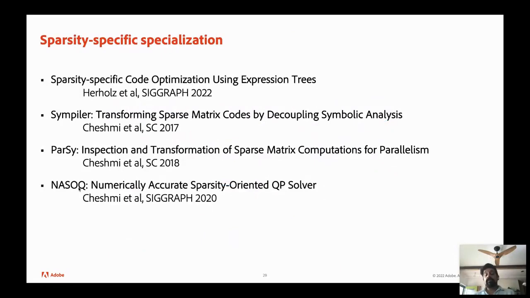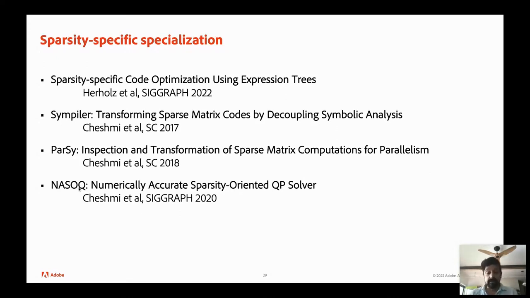So with many collaborators, we've published a series of papers that I think would be of interest to the HPG community. This includes applying the eggs technique to GPUs, which will be presented in SIGGRAPH in just about a month, as well as a series of papers that were at Supercomputing and at SIGGRAPH, where we apply these techniques to create faster sparse matrix solves and faster QP solves.